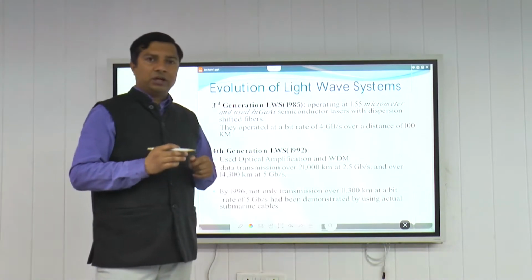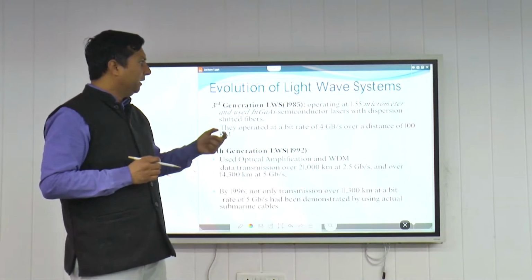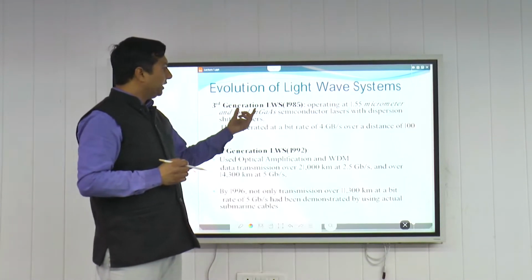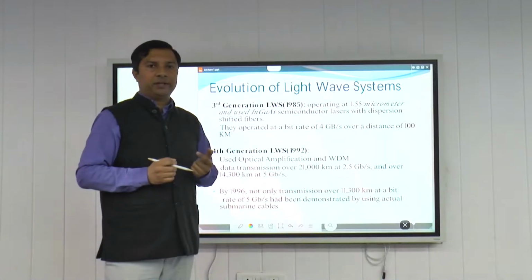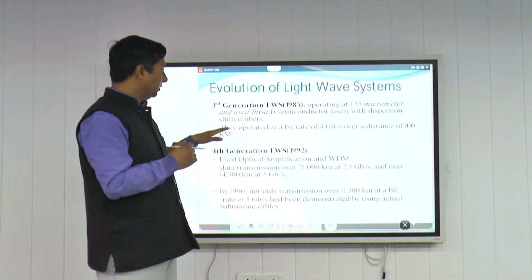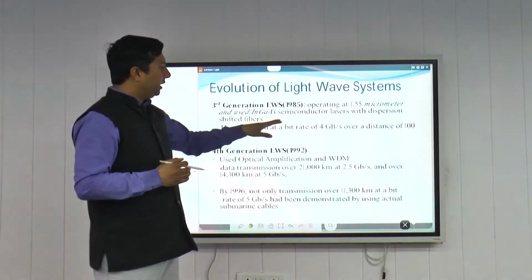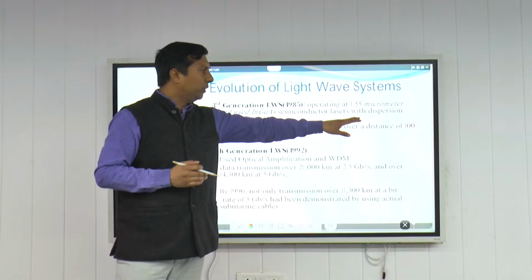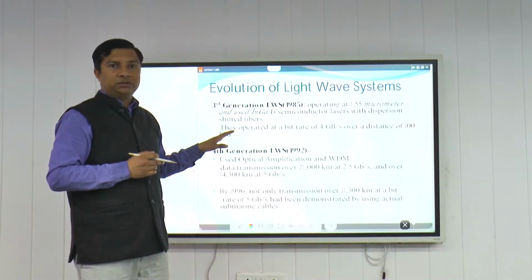Then third generation around 1985, it was operating at 1.55 micrometer and used indium gallium arsenide semiconductor laser with dispersion shifted fibers. Now they can operate up to 4 GB per second and over a distance of 100 kilometers.